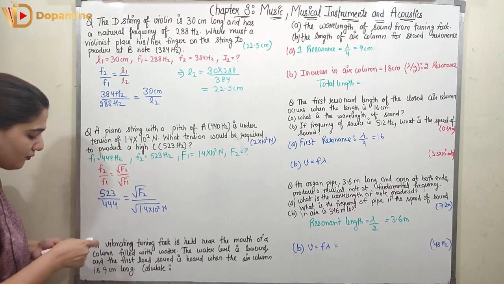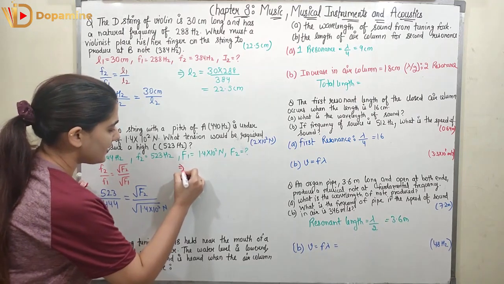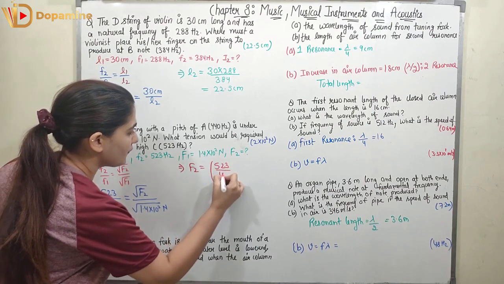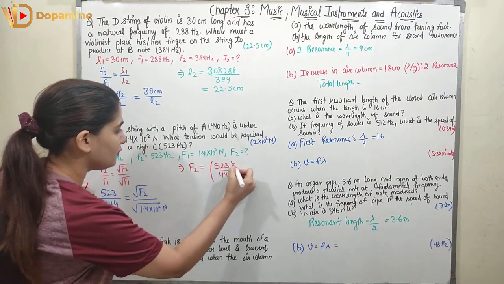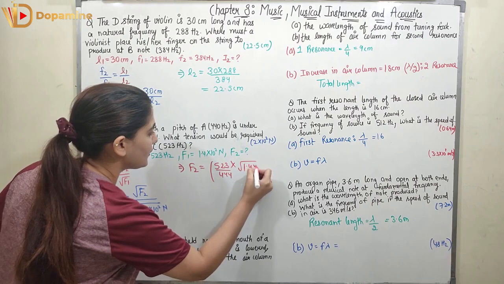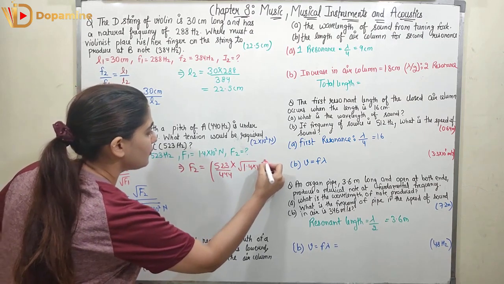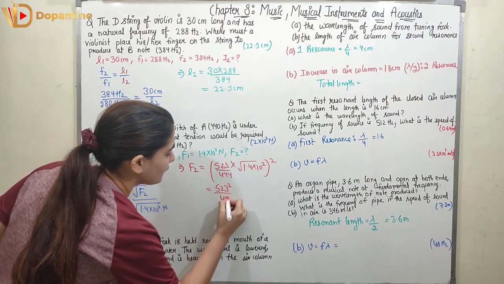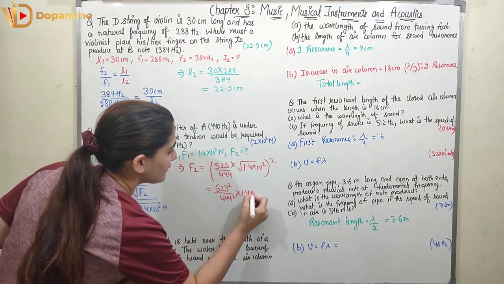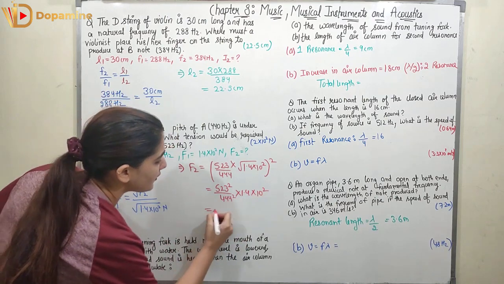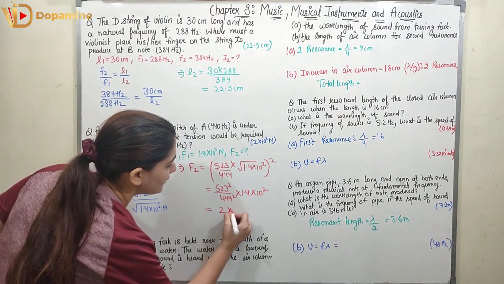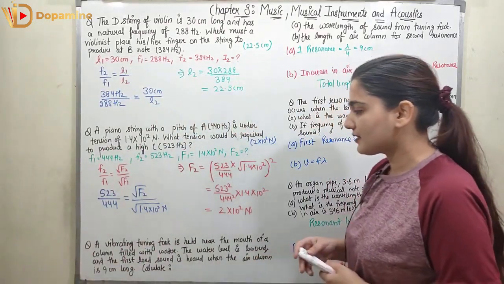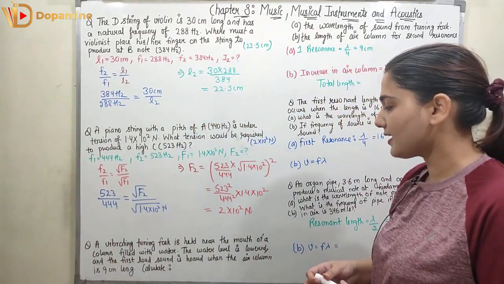Now you just need to simplify it. So F2 will be equal to 523 square upon 444 square into 1.4 into 10 raised to power 2. When you compute it, it comes out to be equal to 2 into 10 raised to power 2 Newton.